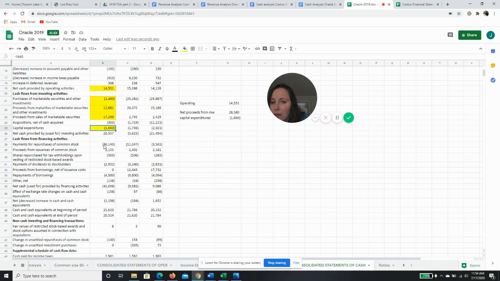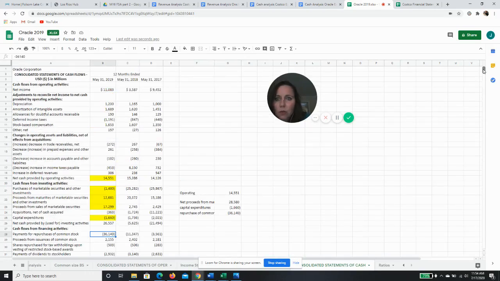Now we're going to go to our financing activities. We've got repurchasing of common stock, and that is going to be negative 36 million. Remember, this is in millions. Let me actually make sure.